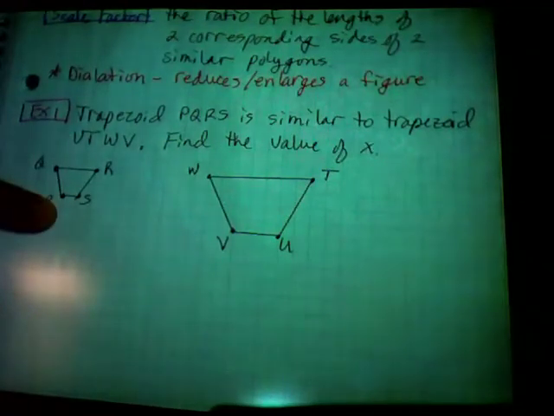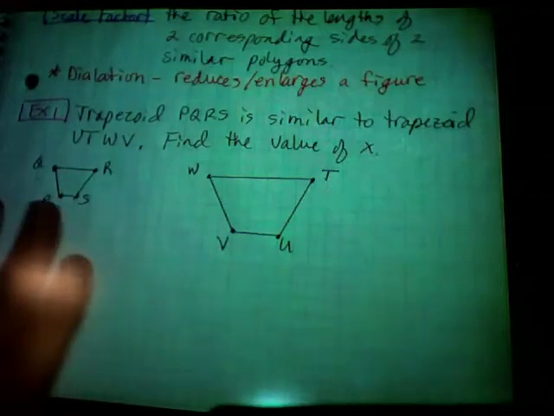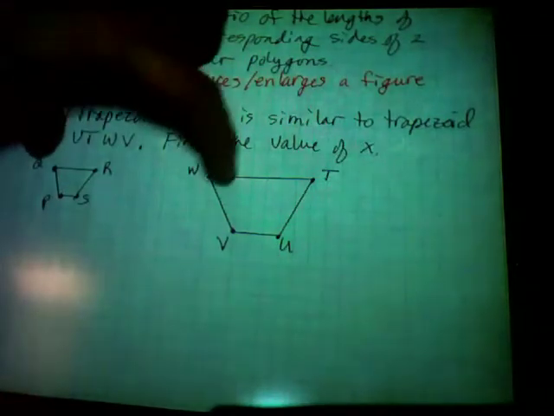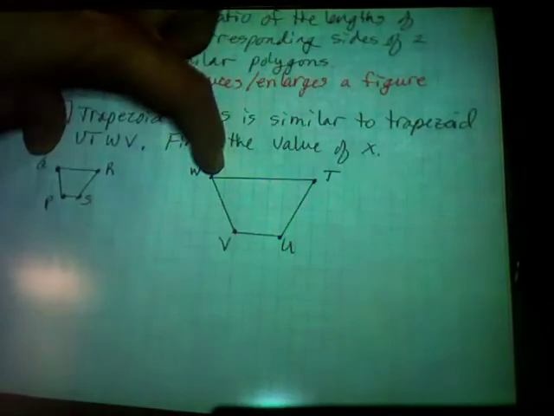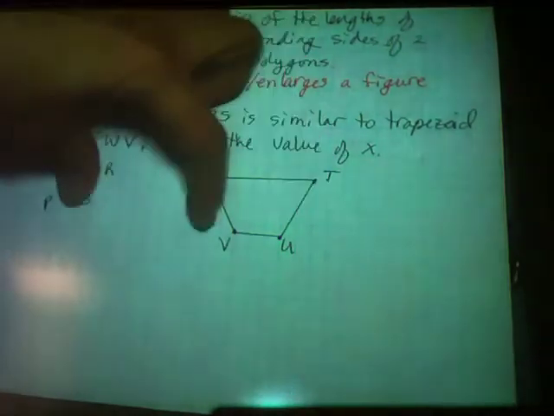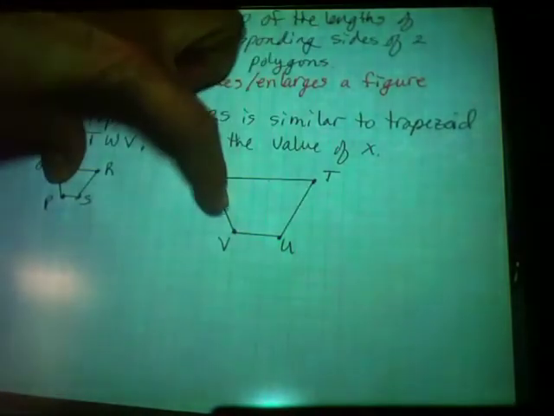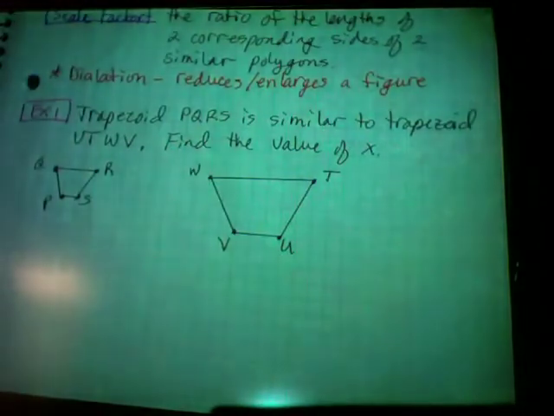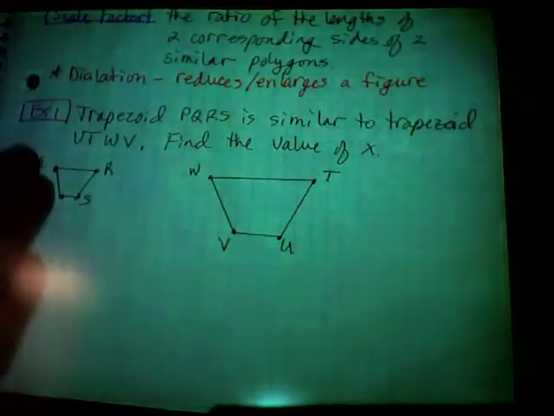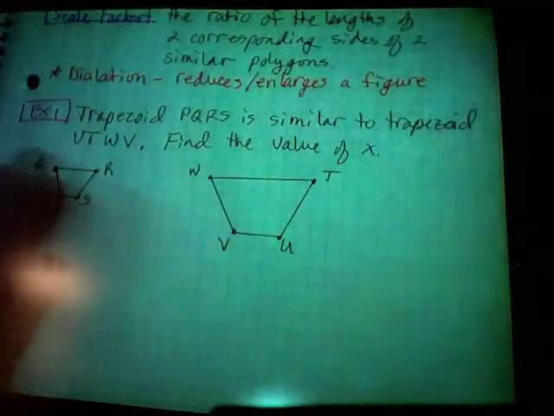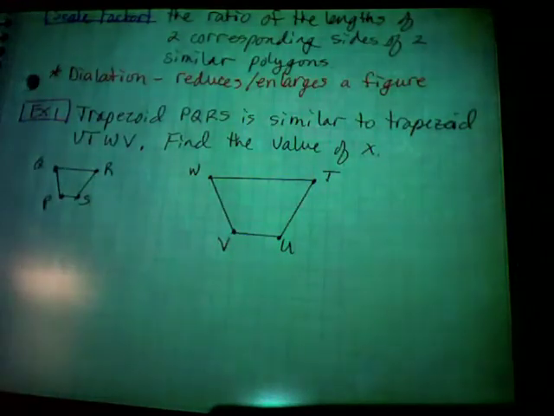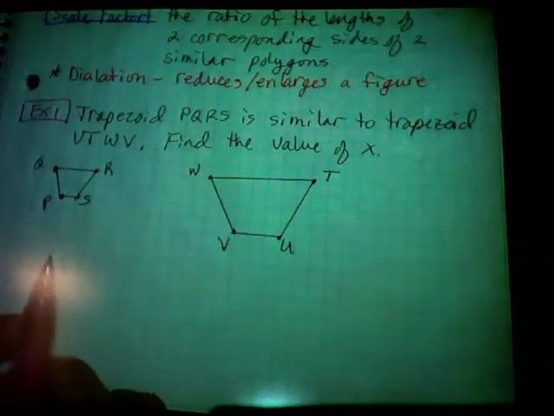So other than maybe having to reflect something, I can pretty much be assured that these are corresponding angles, those are corresponding, and those are corresponding. The only difference might be if I had to flip one to make it the other one. But for this purpose, it won't matter because I'm just going to give you side lengths.